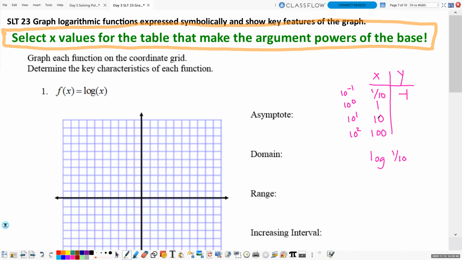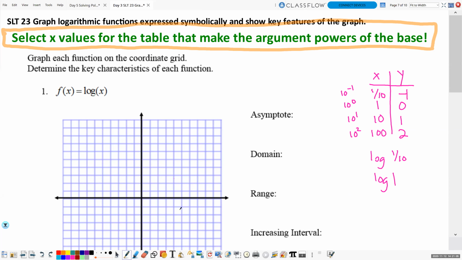Good. Hey, Kevin, 10 raised to what power gives me 1? 0. 10 raised to what power gives us 10? 1. You see how we're setting ourselves up for success here? If we pick values for x that make what's in parentheses powers of the base, the arithmetic is going to be lovely.